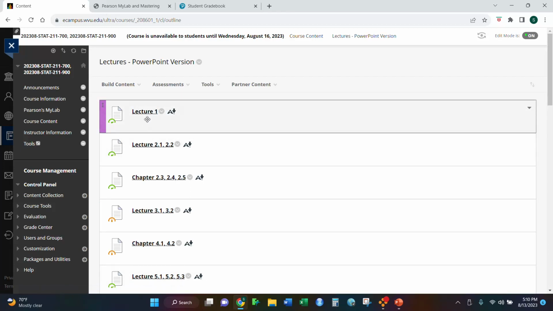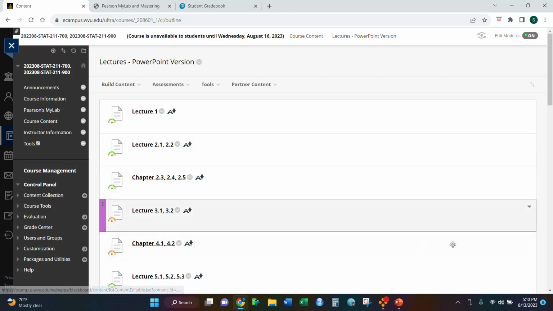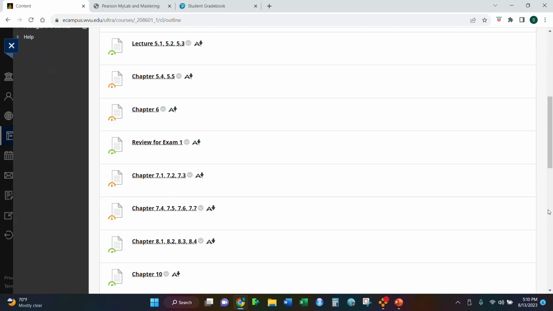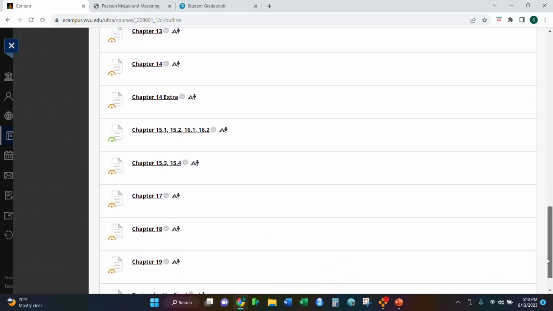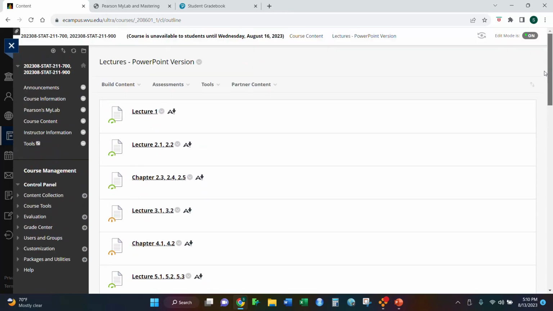Sometimes I have it written as lecture 1 and lecture 2.1, 2.2. Those numbers can correspond to the chapter, and I'm sure at some point I will try to make that more uniform. I pretty much have chapter everywhere except for about 4 exceptions, but they are definitely for the corresponding chapter.